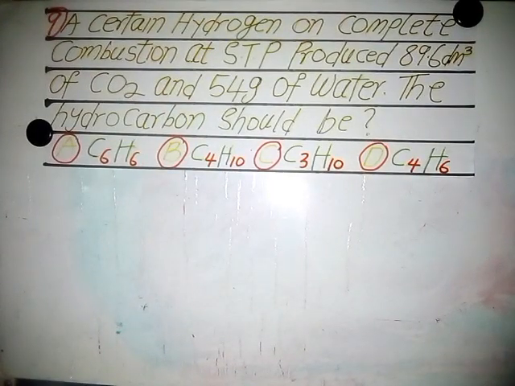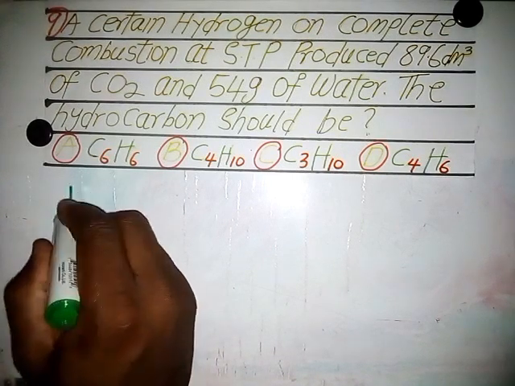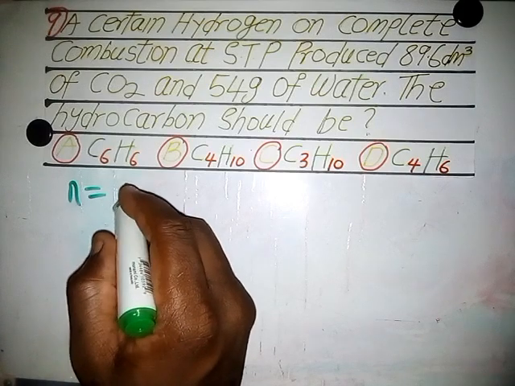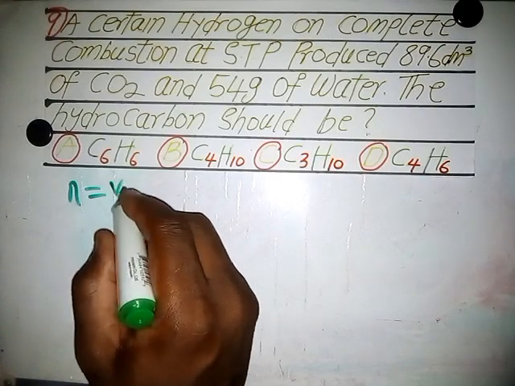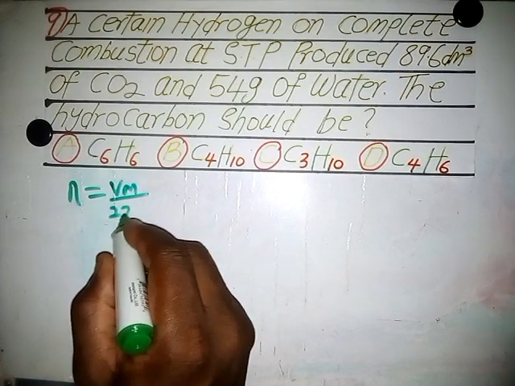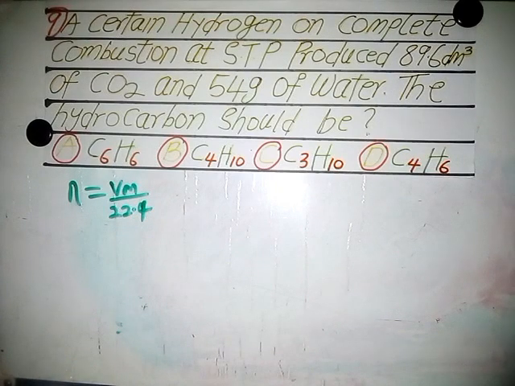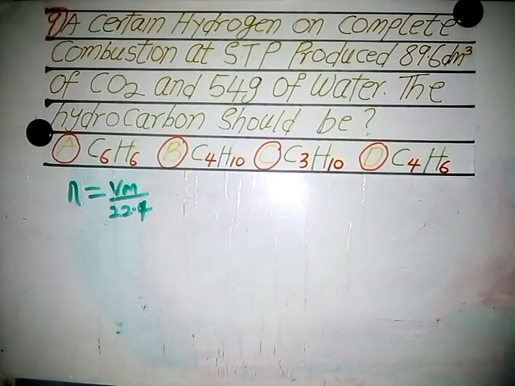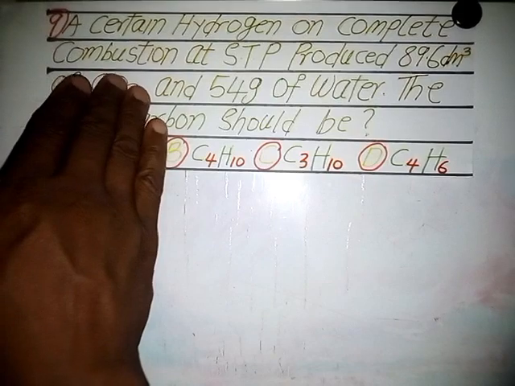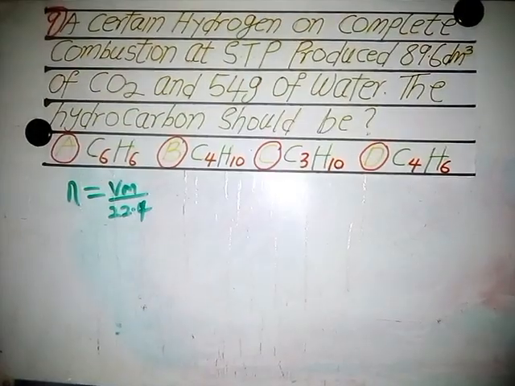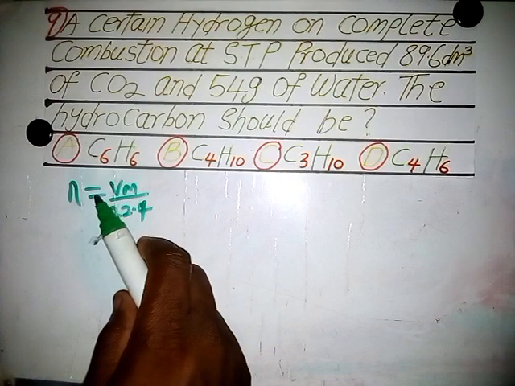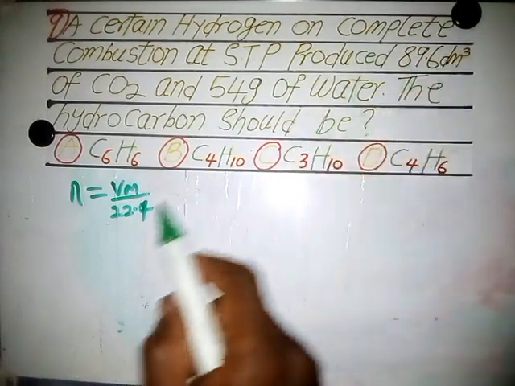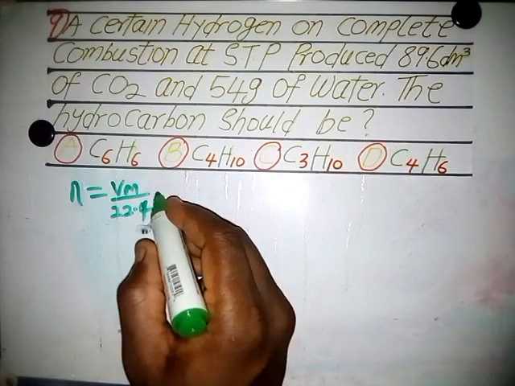So we have to use some formulas here. Amount in moles, n, equals volume of gas over molar volume of gas, 22.4. We want to calculate the amount in moles, the first thing to do, for carbon in CO2. We use this formula for this one, and another formula for the other. So the volume of gas is 89.6, and this 22.4 is a constant value at STP.